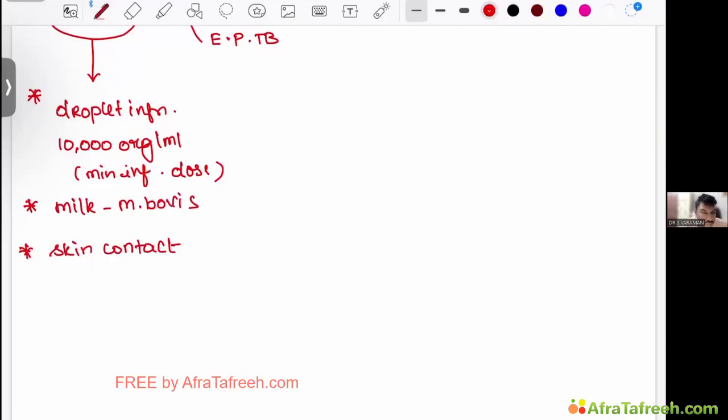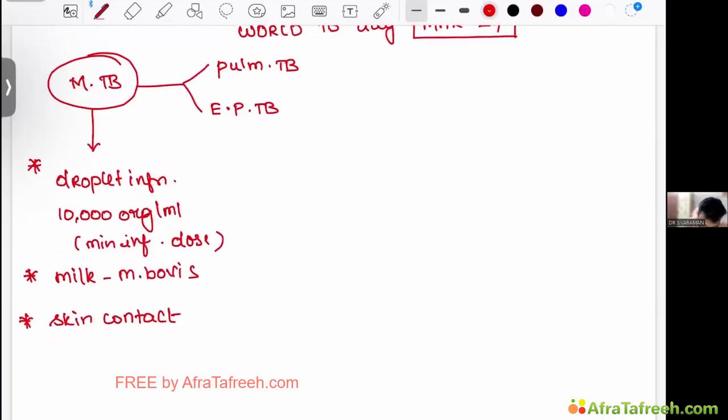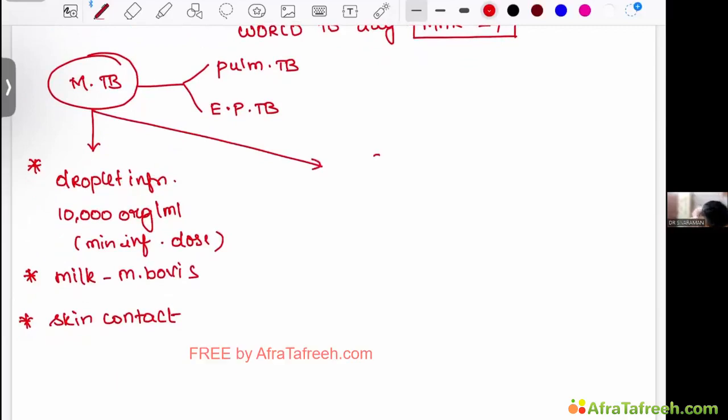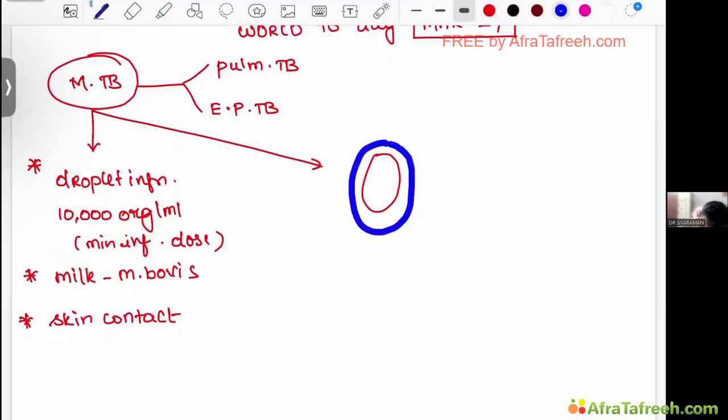This Mycobacterium tuberculosis is a bacillus which contains a cell wall, and this cell wall contains a thing which is very important, which is called mycolic acid.